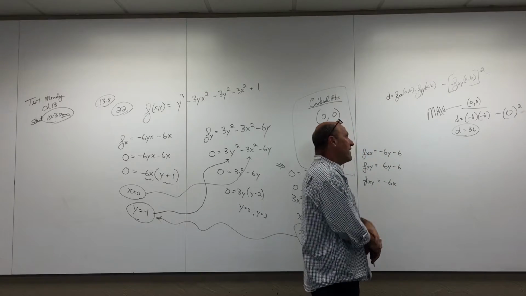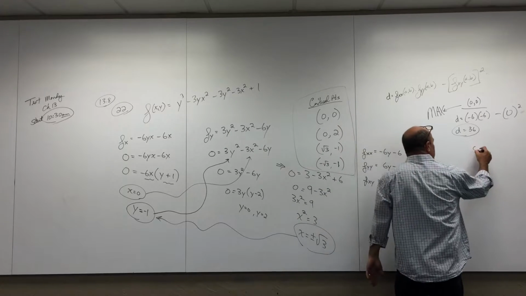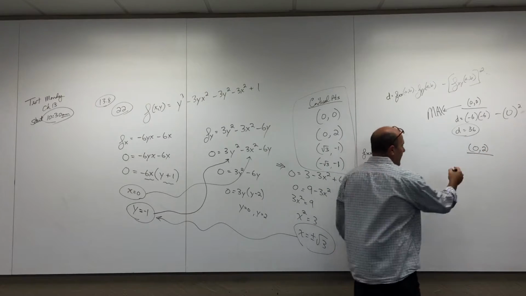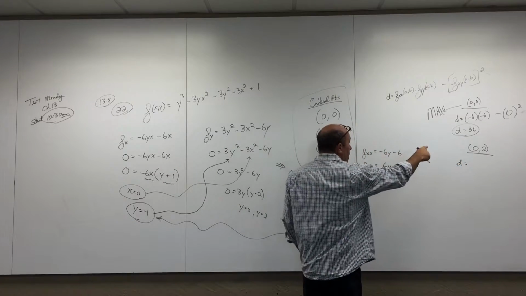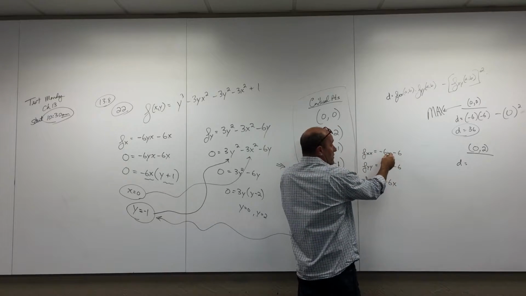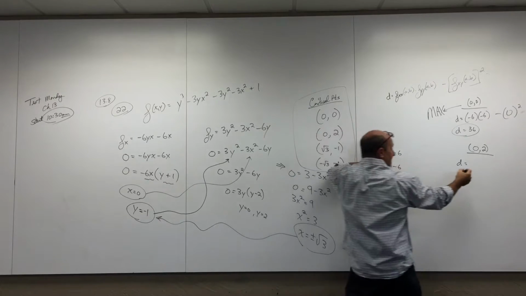Okay, cool. All right, well, now what do we do? You do this again for each critical number. So now I'm going to do this again for the point 0, 2. For 0, 2, we have to calculate the D. That means plug your 0, 2 into your fxx. This time, the y value is 2. So that's negative 12 minus 6, that's a negative 18.